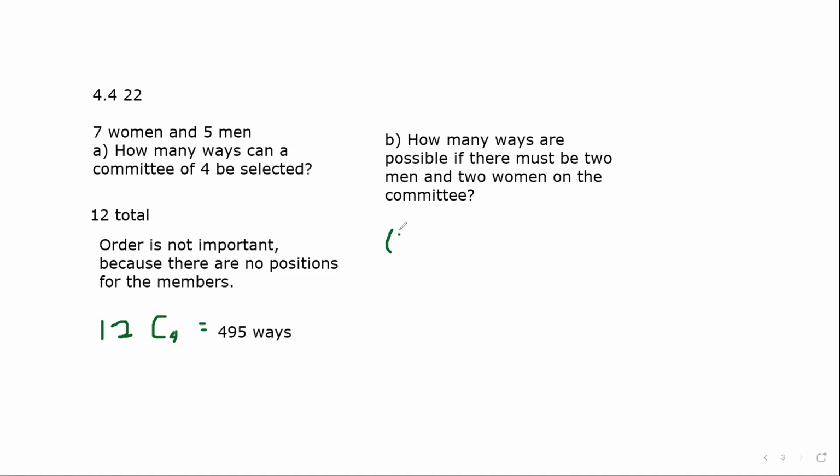We have from the 7 women, 7C2, right, for the first part. But then you have to choose from the men also, right? So 5 choose 2. So 7C2 times 5 choose 2, but let me show you why that is.